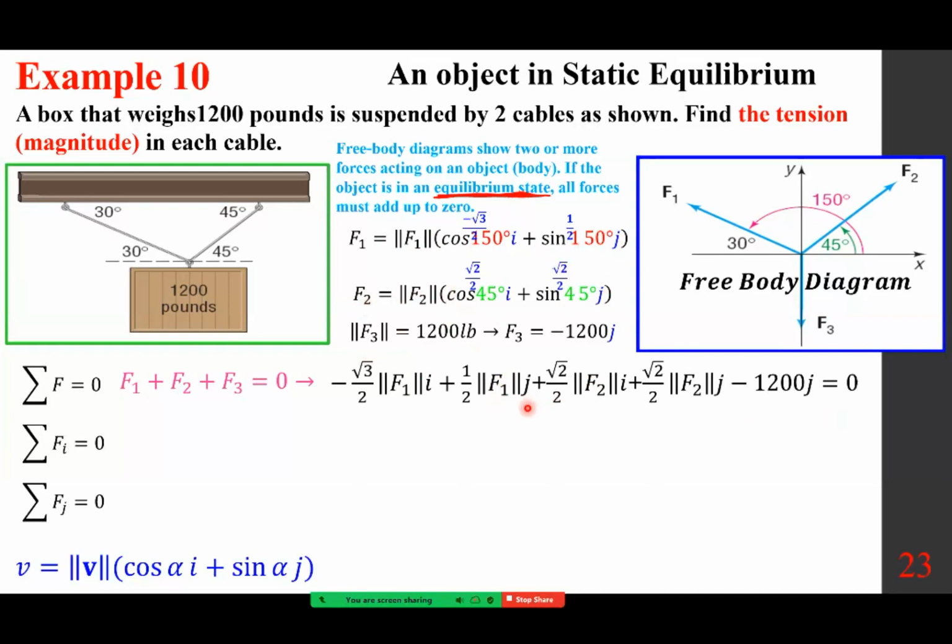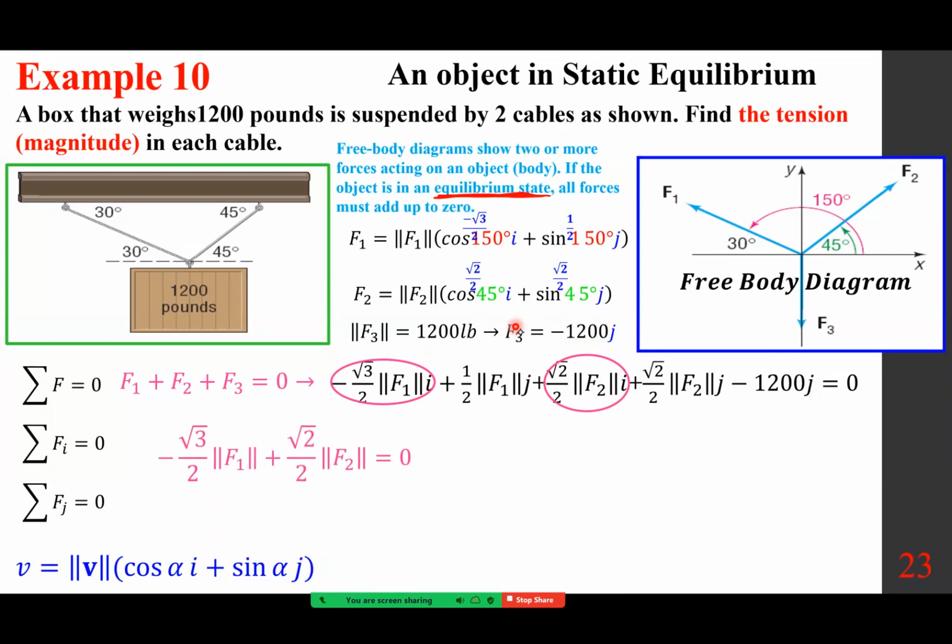Okay, we just distributed. The same thing for F2 we distributed, and the last one is the easiest one. Now, the sum must be 0, which means their components must add up to 0. So anything involving I, these two must add up to 0. Anything involving J, this one and this one must add up to 0.